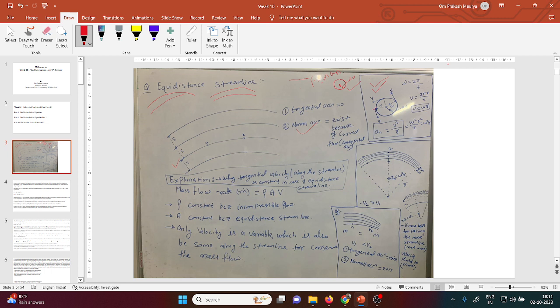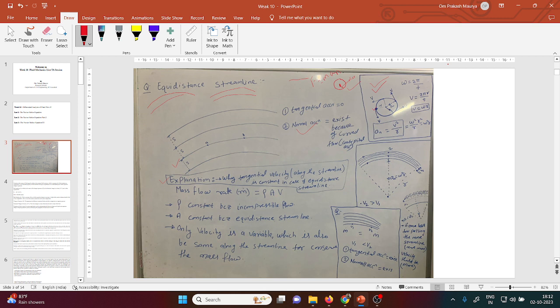Now coming to the tangential acceleration, what will happen? The distance between the streamlines is the same, and you know the concept of mass flow rate. Here I have written why tangential acceleration is 0, and why the tangential velocity along the streamline is constant.